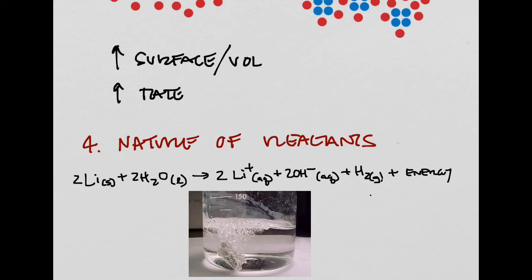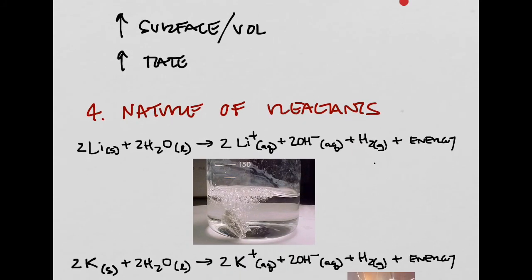So if I take then another metal that's in the same family of metals, you'd expect that they would be similar in terms of how they react with water. And indeed, they are somewhat similar. If you look at this reaction that I have showing potassium combining with water, it's going to combine in exactly the same way.